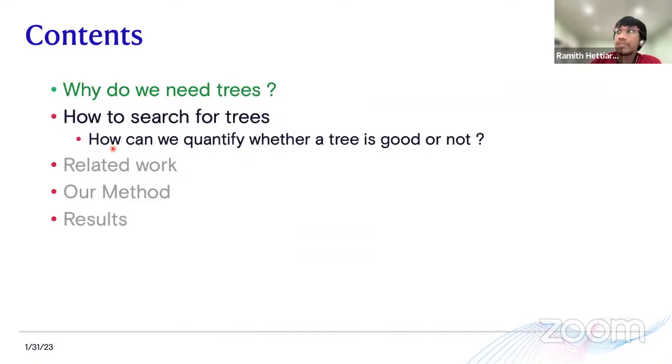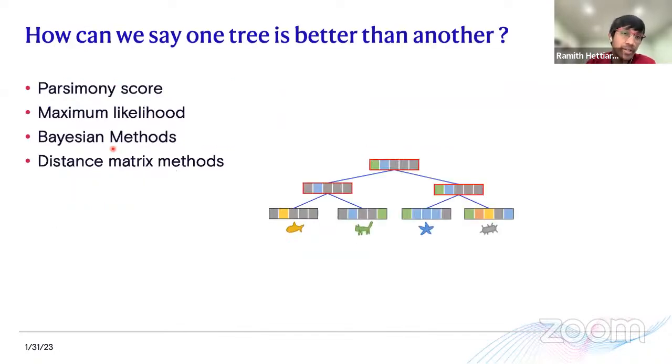we need some sort of metric to say whether one tree is better than another. There are a couple of approaches to say whether one tree is better than the other. One is the parsimony score, which is our focus today. Here, what we are looking at is, when we have a tree, how many evolutionary changes have happened in this tree.